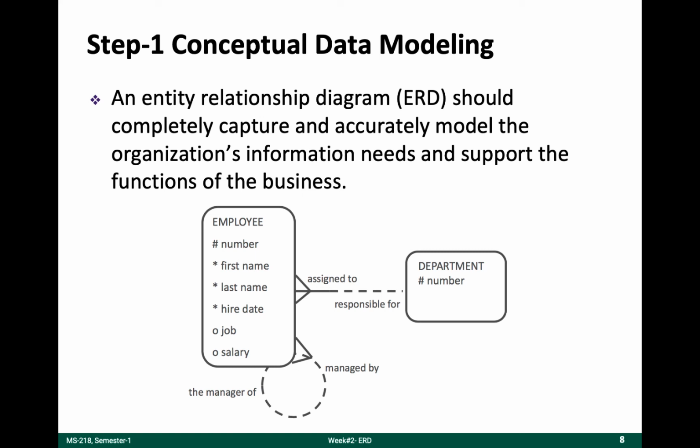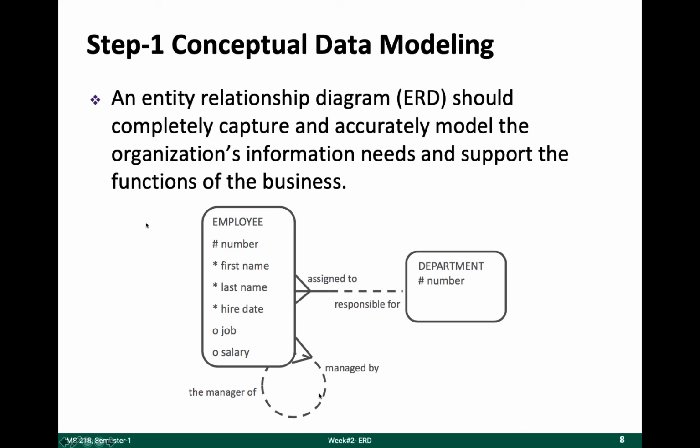This sort of notation is not standard. There are many different standards, but every company would be following one standard. The concept behind all standards is the same. They have entities, they mention attributes, and they mention relationships in a similar way.